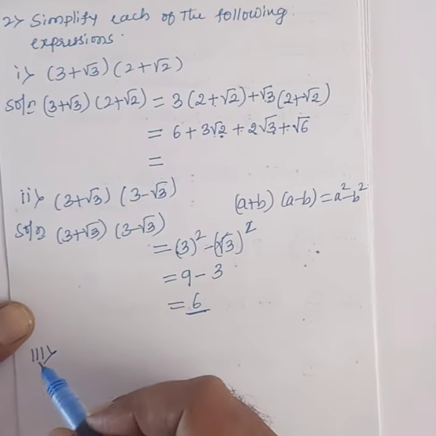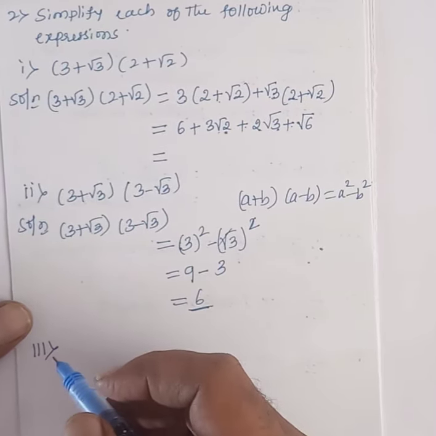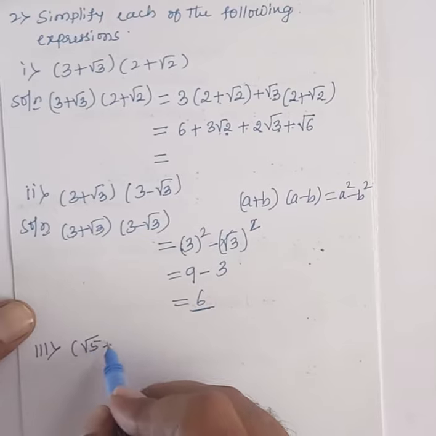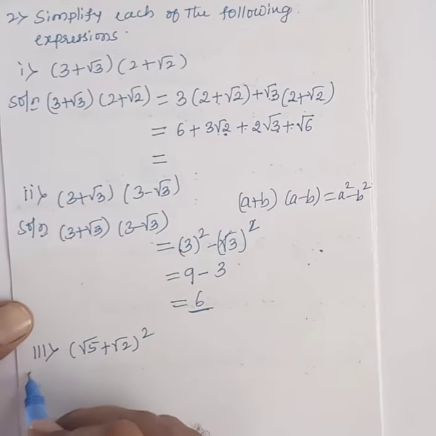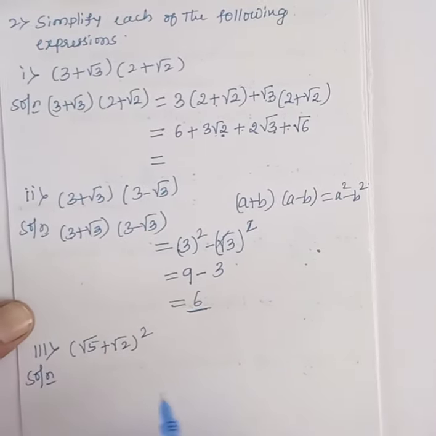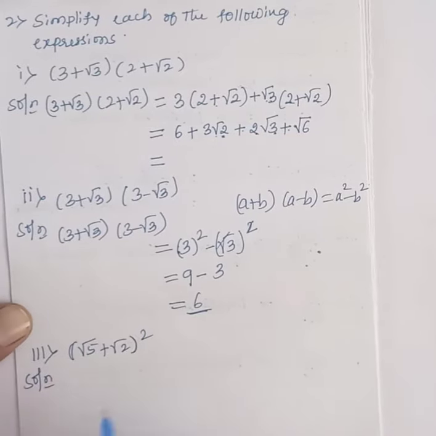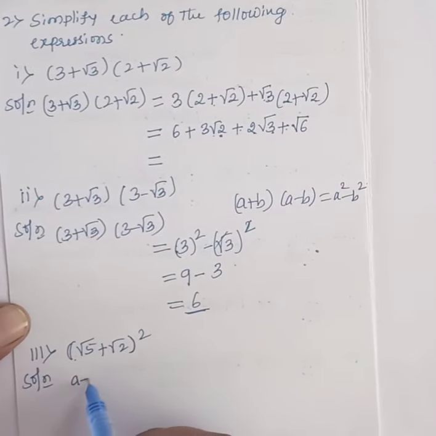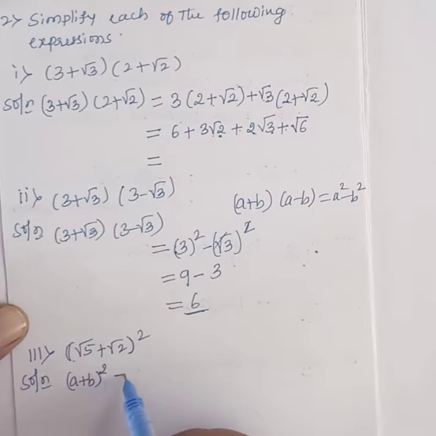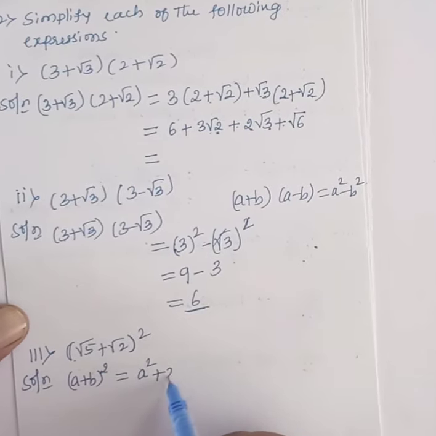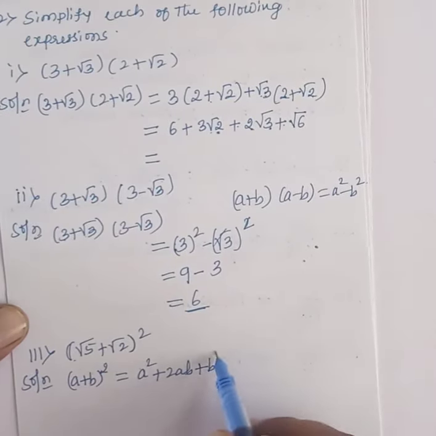Take third one. Third question is root 5 plus root 2 whole square. Solution for this, root 5 plus root 2 whole square. This is in the form of a plus b whole square identity, that is a square plus 2ab plus b square.